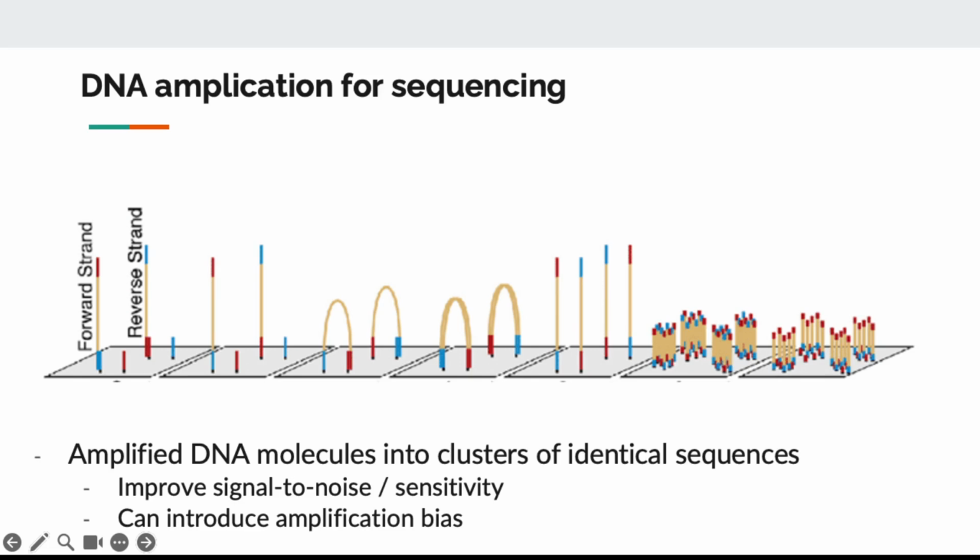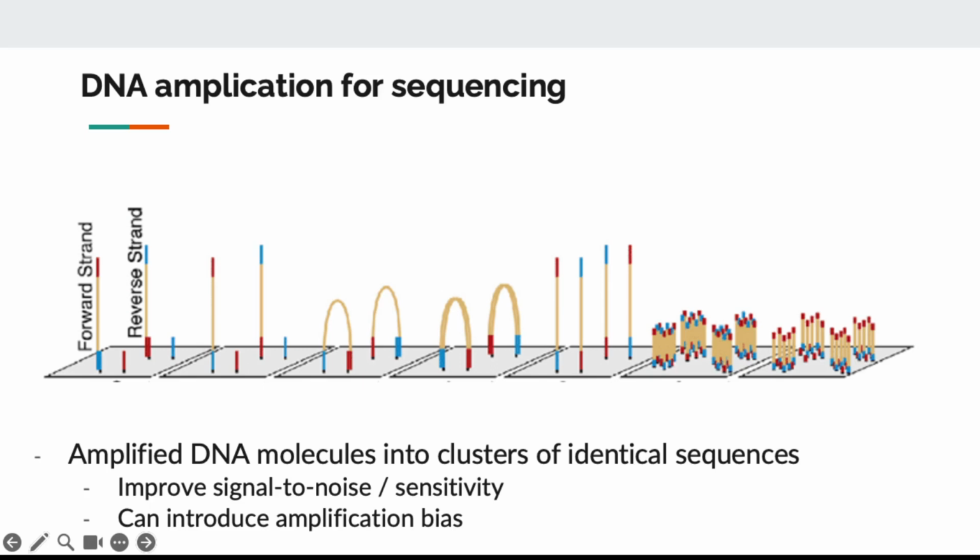And they amplify this by doing a series of PCR reactions inside the flow cell, so that from the start you get only one molecule each from different parts of the chromosome. But in the end, you're going to have a cluster of identical DNA forming. So each cluster will originate from one DNA molecule and get amplified into maybe tens or hundreds of copies.